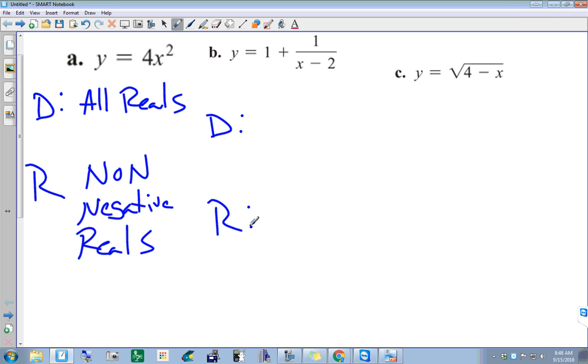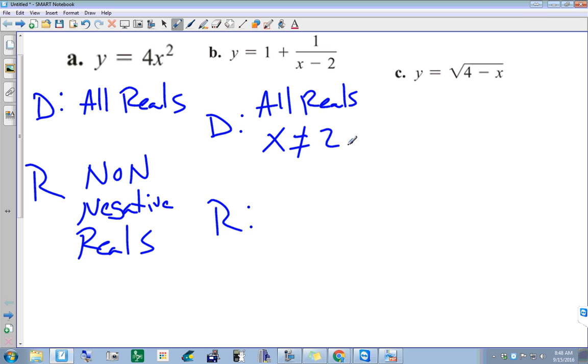So, we would say that the domain here is all reals except, although I'm not going to write the word except, that's always too long, all reals, but we would state that x cannot be equal to 2. So, we can have all reals again, except x cannot be equal to 2. So I've identified what numbers I can put in here.